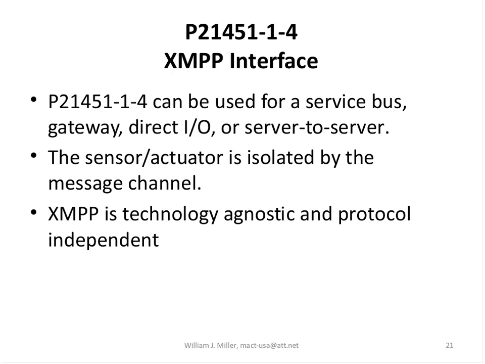And of course, we define an XMPP interface, which will allow you to build that in with a service bus that may be built into a gateway, or you may have the I/O subsystem connected directly to the internet, possibly in an embedded device, or providing server-to-server types of communications. So the sensor and actuator then are isolated by the message channel, which I'll talk to you about in a second. And as I mentioned earlier, XMPP is a technology agnostic and protocol independent system. Next slide.